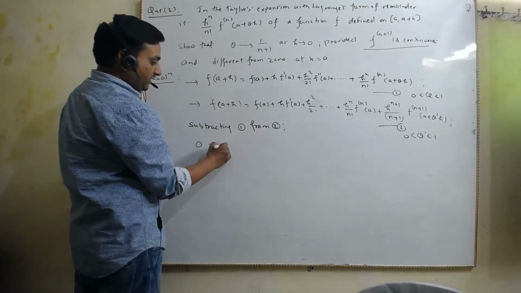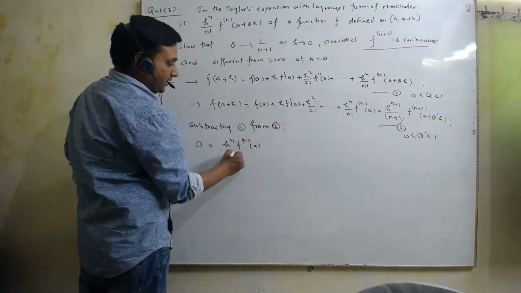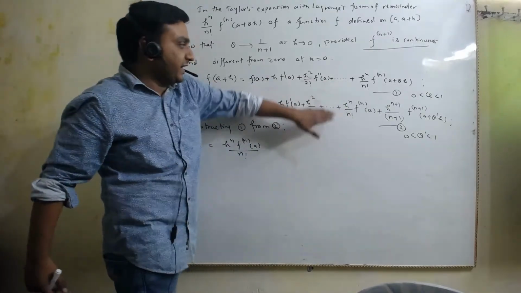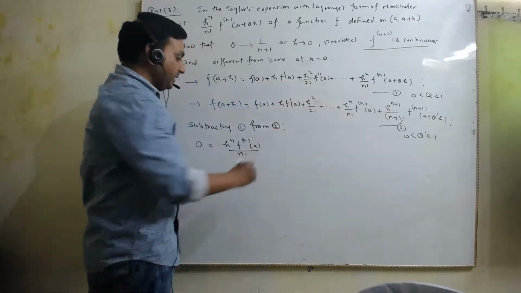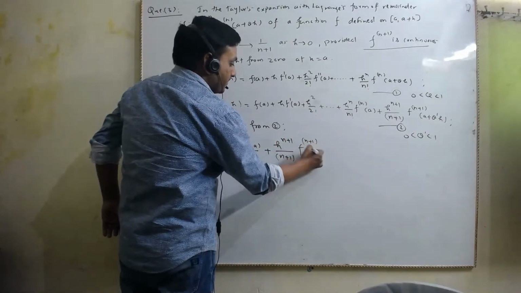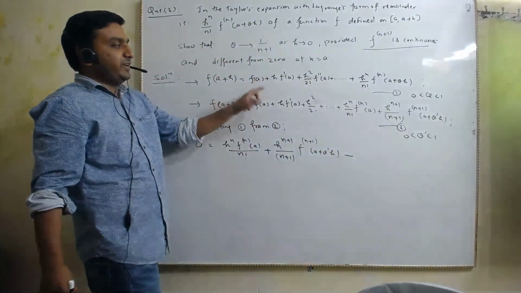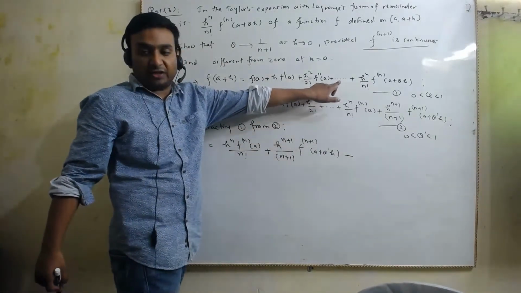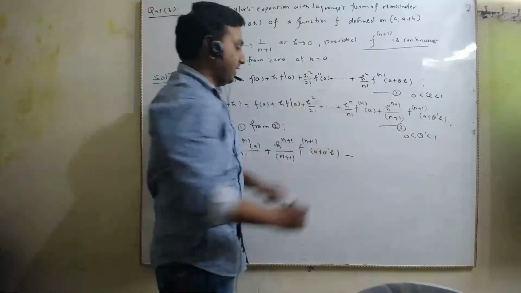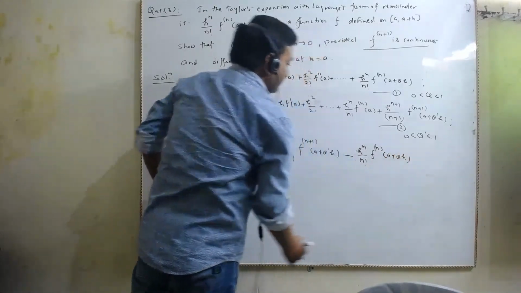Subtracting from the second, the term we will have is h raised to the power n upon n factorial, because here it goes up to n minus 1, that will be cancelled from this expression, this will be remaining, other will be h power n plus 1 upon n plus 1 factorial, n plus 1th derivative at a plus theta dash h, minus. Now f a cancels with f a, and up to n minus 1 the terms are cancelled, but this nth term will not be cancelled because there is no such term available in the second expression. So that will be there, minus h power n upon n factorial, f n at a plus theta h, right?